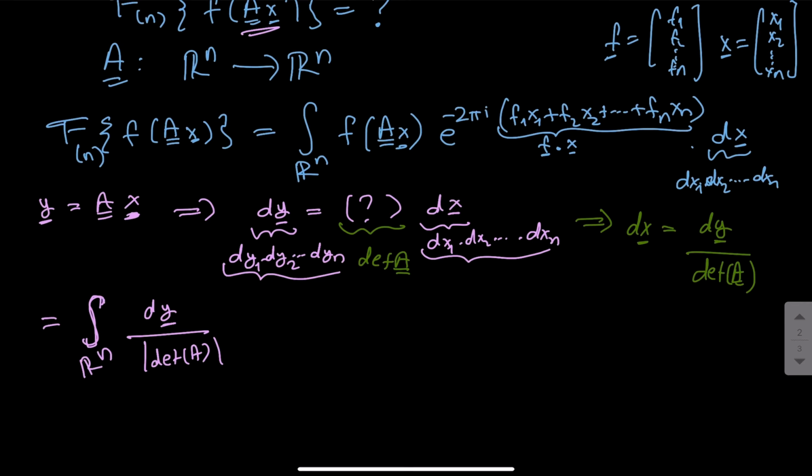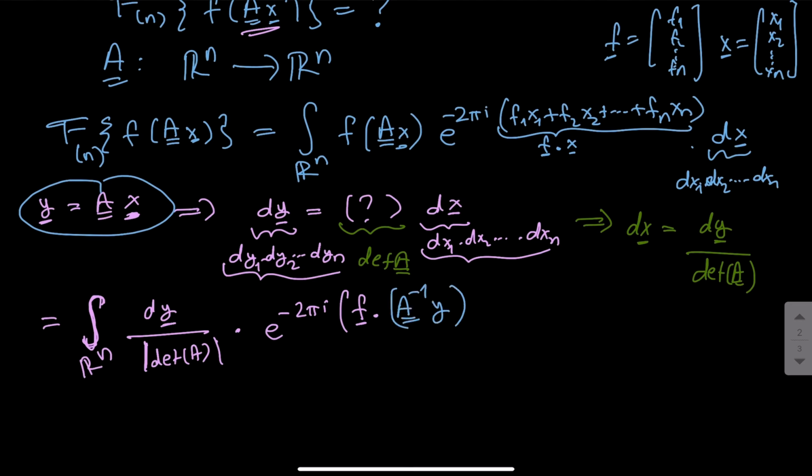So we can just keep the integral boundaries as is and take the absolute value of the determinant. Now times e to the minus 2 pi i f dotted with x. Now instead of x, we can write from here A inverse times y. And this is a dot product over here.